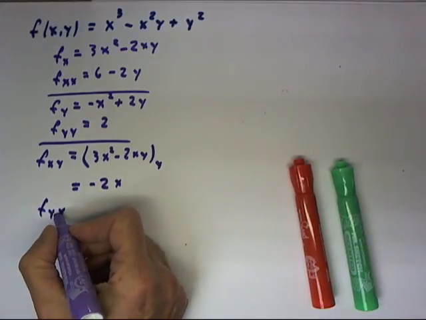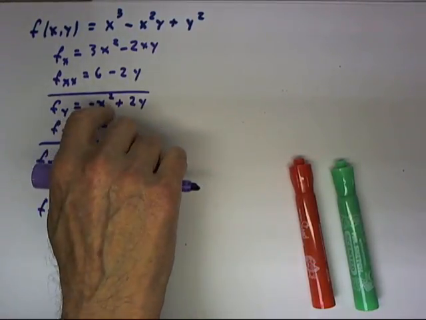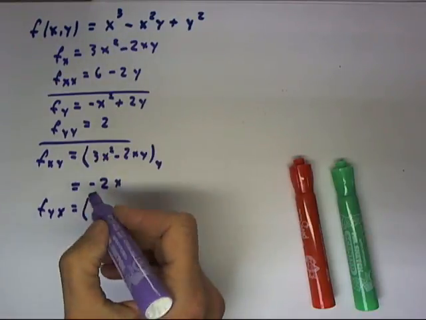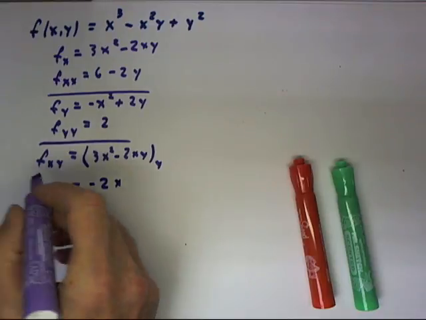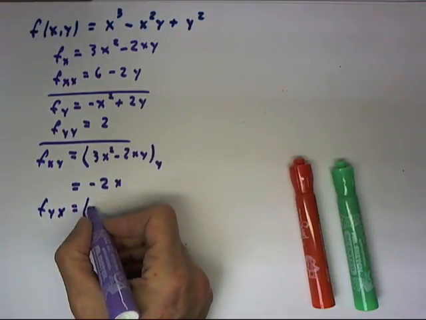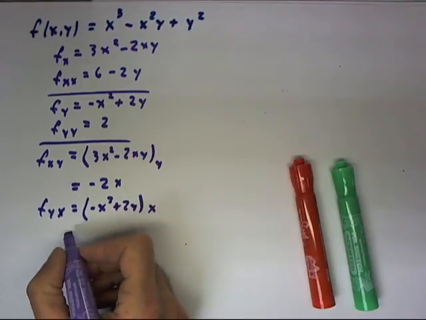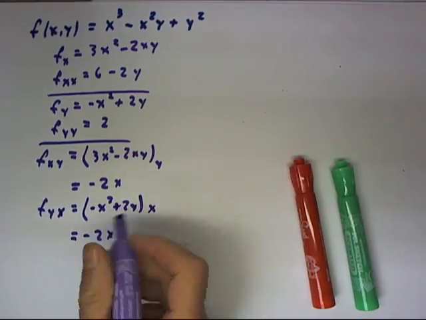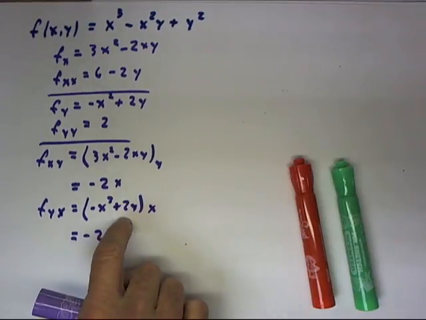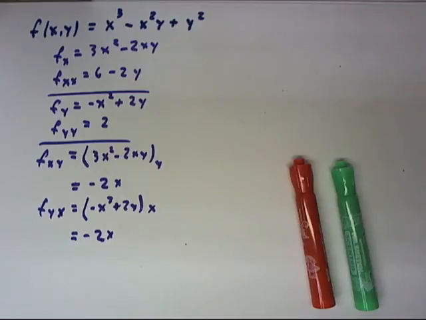Fyx is the x derivative of fy. Fy is negative x squared plus 2y, the x derivative being then negative 2x, y being treated as a constant. It should be clear that we get this derivative.